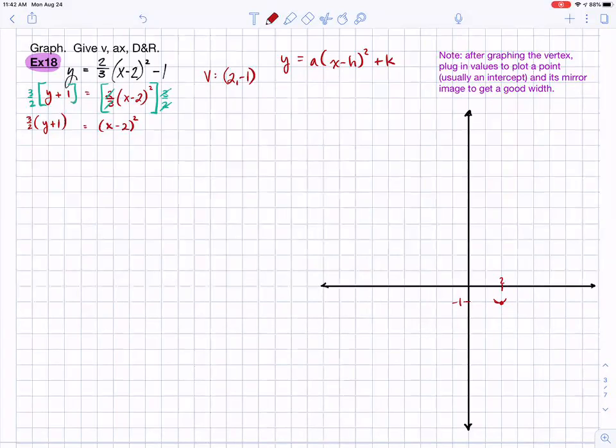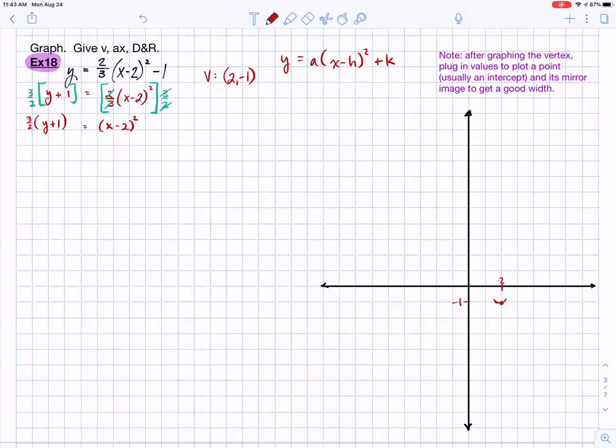All right, now that little note says just plug in another point. Easiest thing is to find an intercept. So here's some good Math 102 and Math 110 reminders. What's true about all x-intercepts? My y value is 0. What's true about all y-intercepts? My x value is 0.